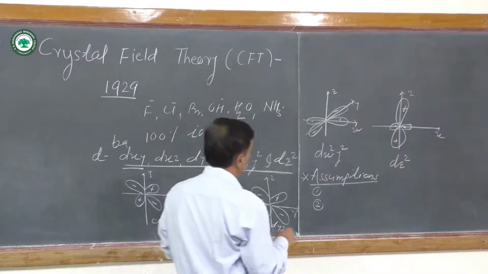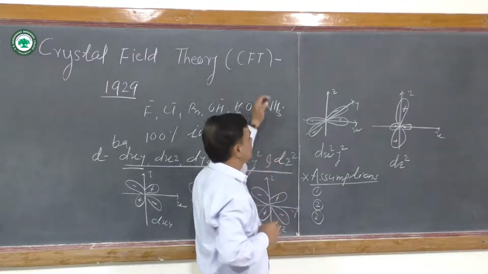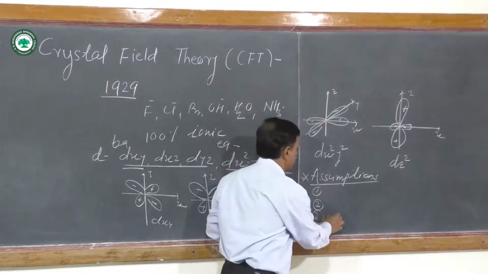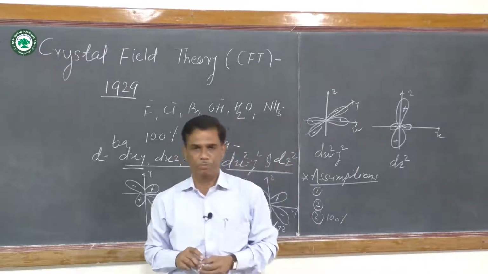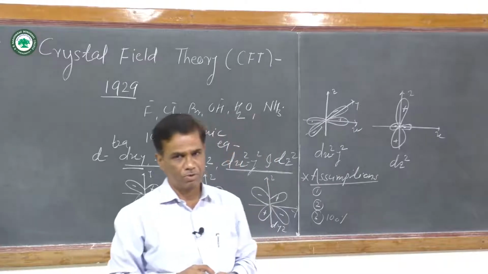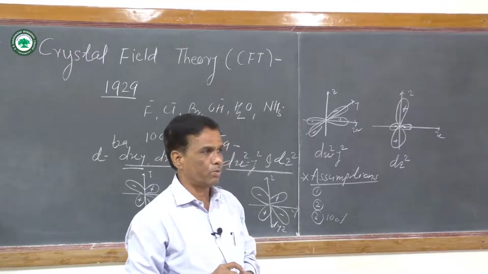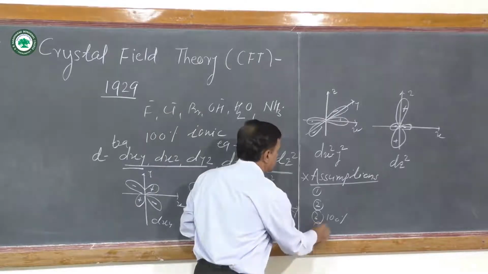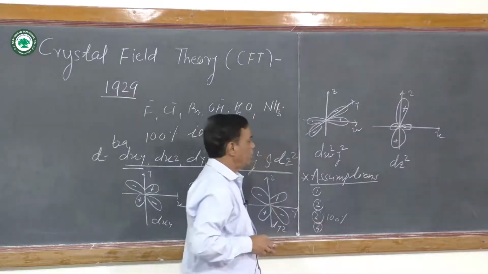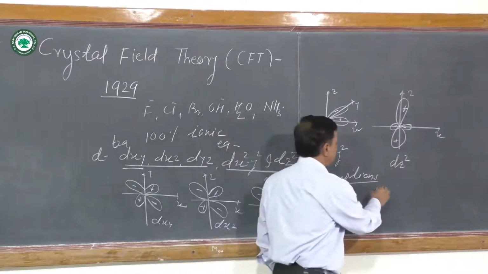Then the third assumption of crystal field theory is that the bond formed is 100% ionic bond, and there is no formation of coordinate bond or covalent bond. There is 100% ionic bond formation. Then the fourth assumption is that there is electrostatic attraction between metal and ligand.